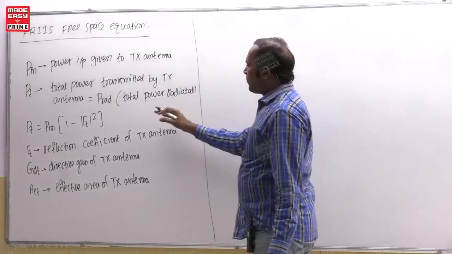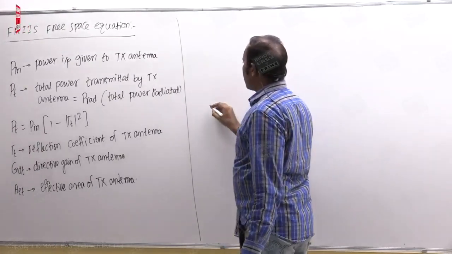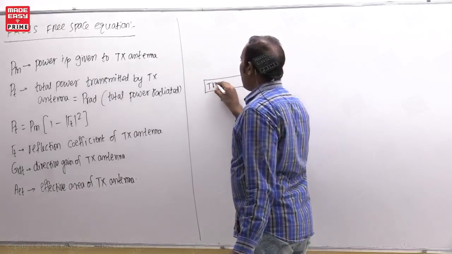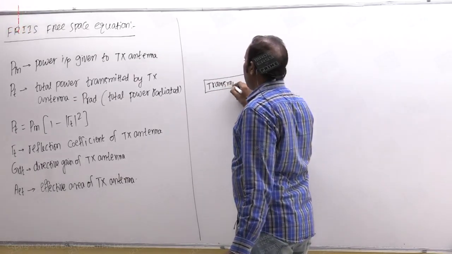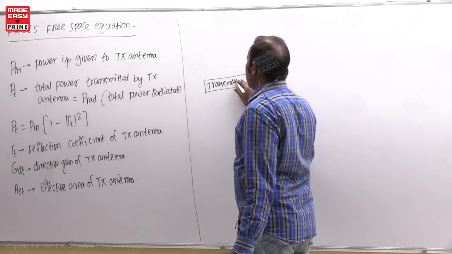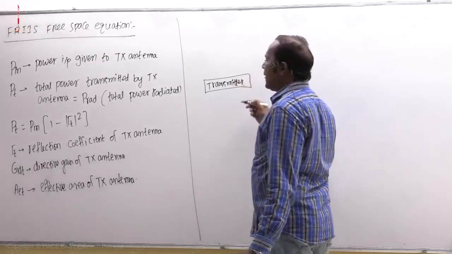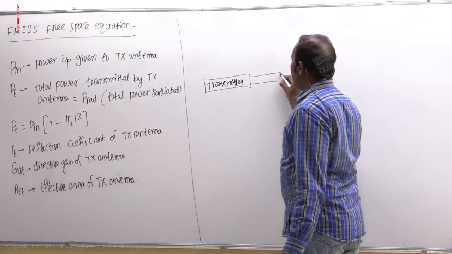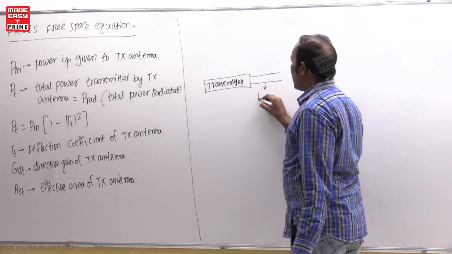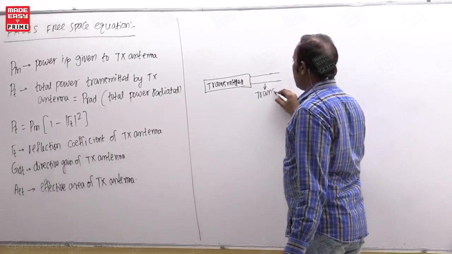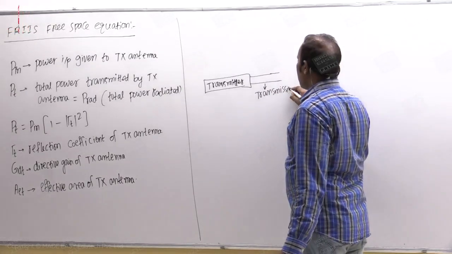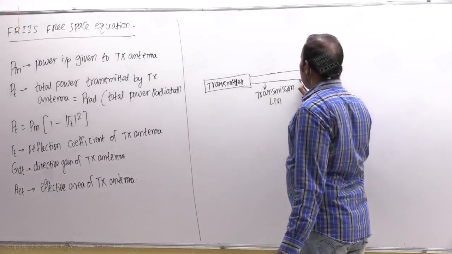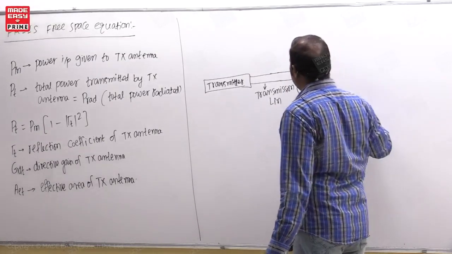First I will draw the diagram and I will explain these terms. For example, in the communication system, here you have a transmitter that transmits the signal which is to be transmitted. Let us say a transmission line is there. Okay, so here an antenna is there like this.